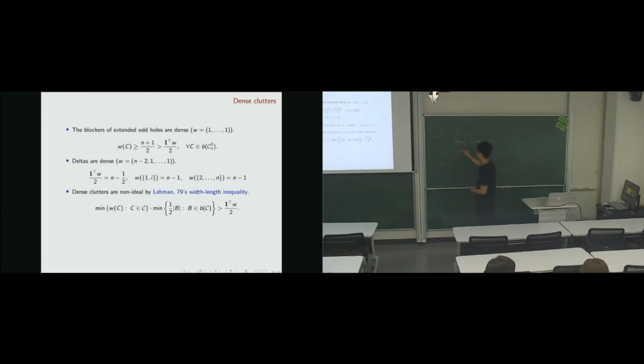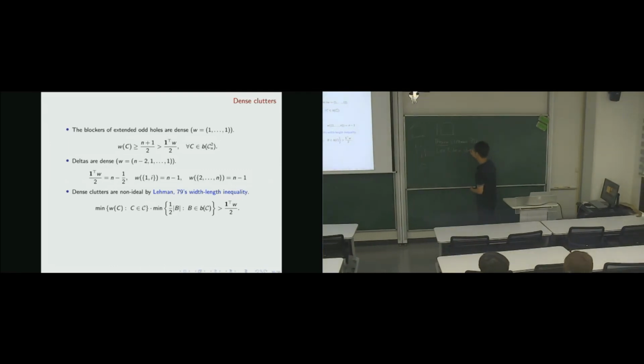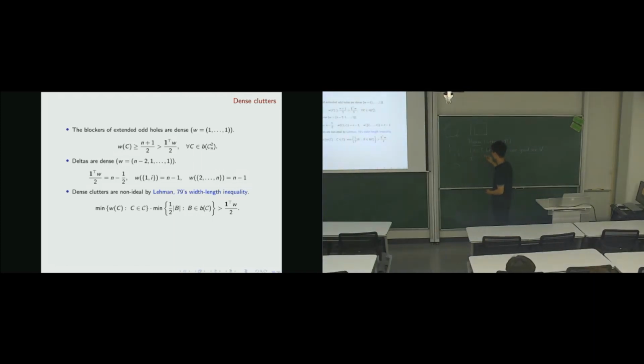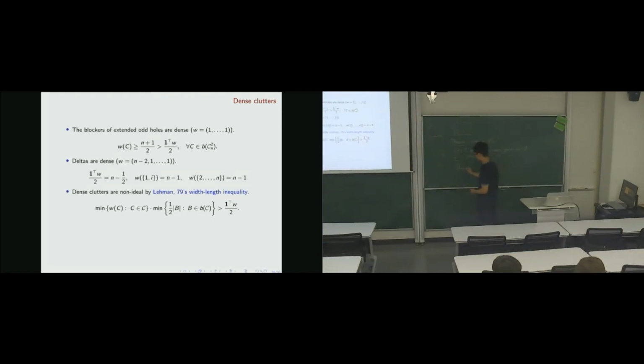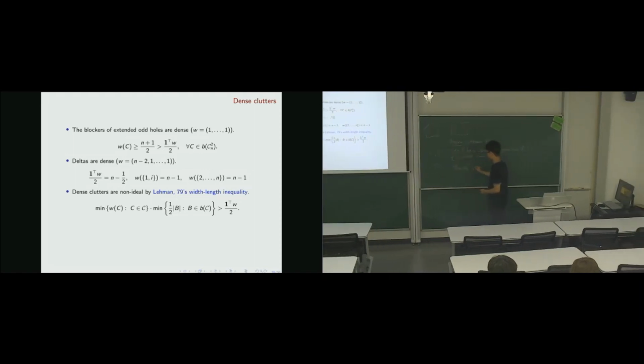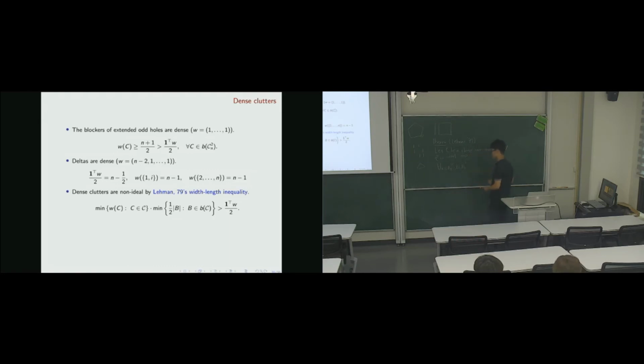Let C be a clutter over ground set V. C is ideal if and only if for all non-negative width W and non-negative length L, the product of the following two, the minimum width of a member times the minimum length of a cover, of the blocker of C, is less than or equal to W transpose L.